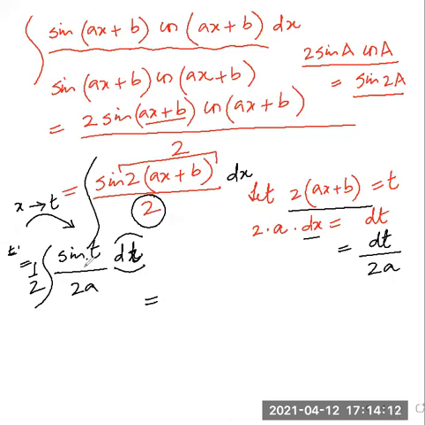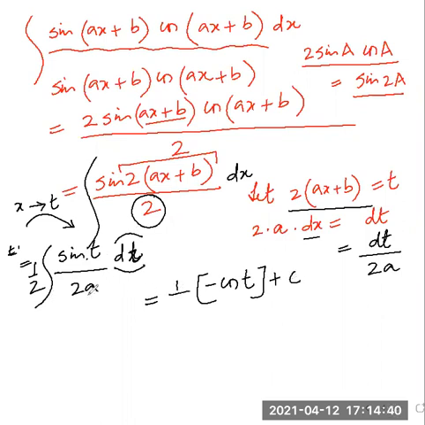Now we know the integral of sine t is equal to, tell me, what is the integral of sine t? Find that function whose derivative is sine t. That is minus cos t, plus c. But here we are getting 2a as a constant.